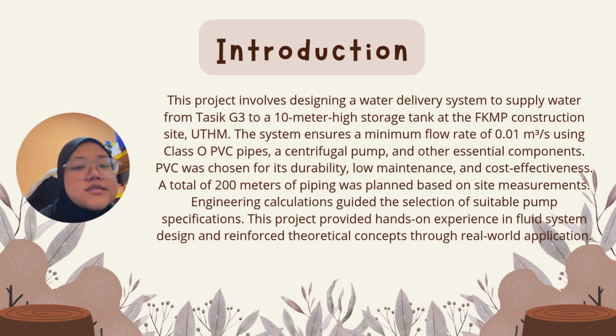We conducted a site visit to measure key dimensions and used engineering calculations, including Bernoulli's equation, to determine head losses and select the appropriate centrifugal pump. This project helped us apply theoretical knowledge to a practical task while developing essential engineering and teamwork skills relevant to real-world industrial practice.